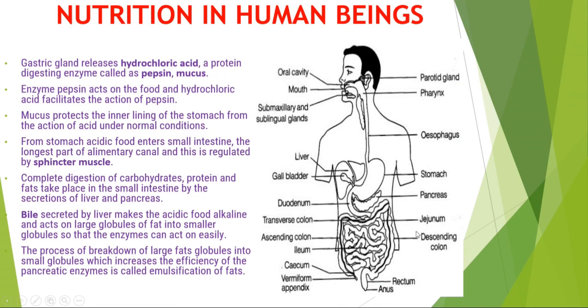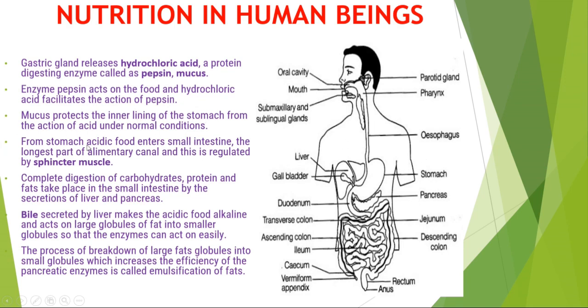The stomach also has mucus, because hydrochloric acid is a very harmful solution, so the mucus ensures the inner lining of the stomach doesn't get damaged. Now the enzyme pepsin acts on the food, and hydrochloric acid facilitates the action of pepsin.